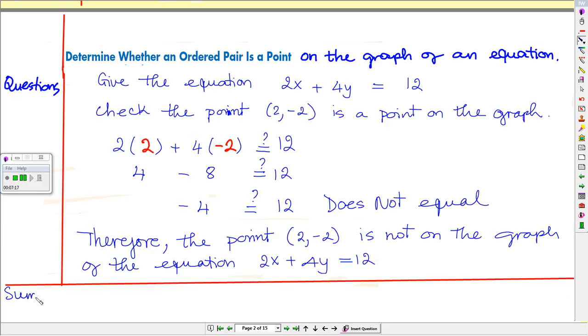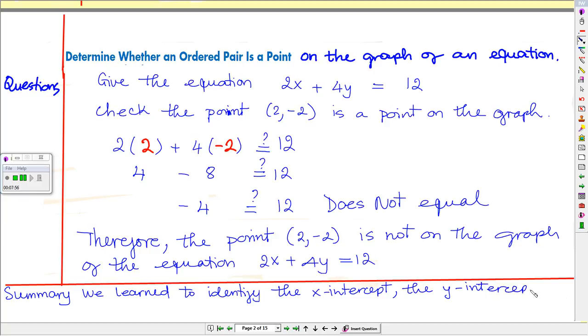So let's write out this summary. In this video, we learned to identify the x-intercept and the y-intercept from the graph.